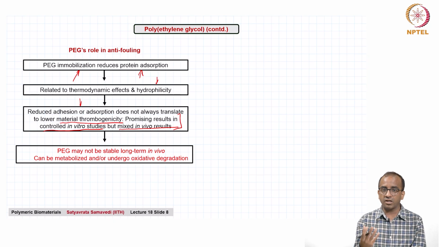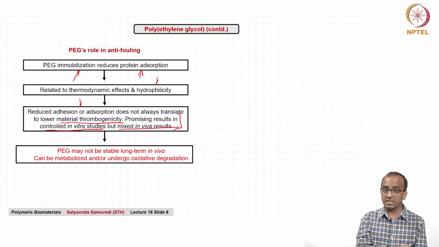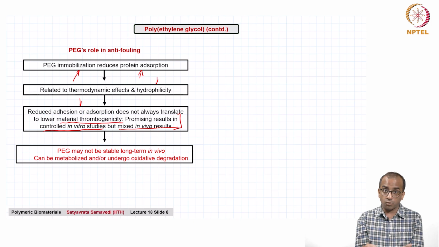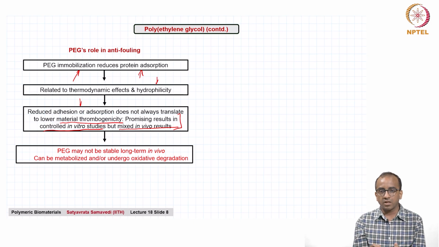The way the body functions, the way the body recognizes the material, interacts with the material, etc., everything will change as compared to how cells interact with surfaces or proteins interact with surfaces in very controlled microenvironments in vitro. Now, that does not mean in vitro studies are useless. They are very, very useful for two reasons.